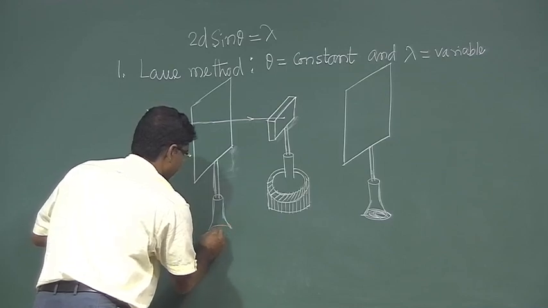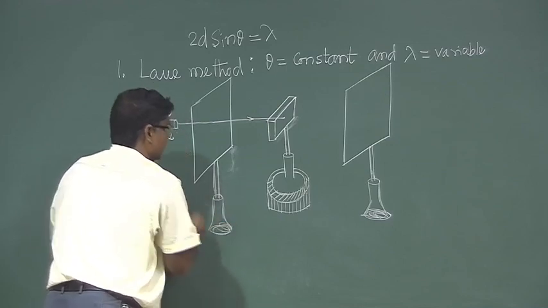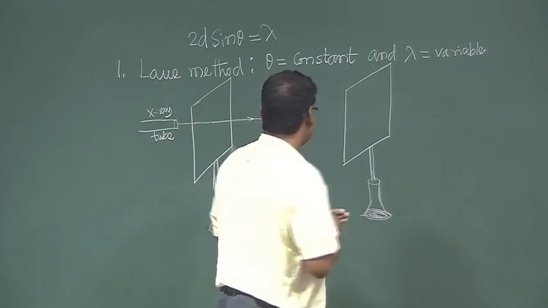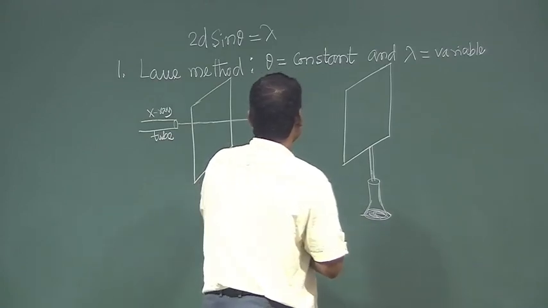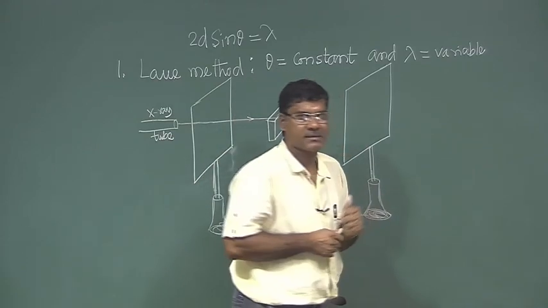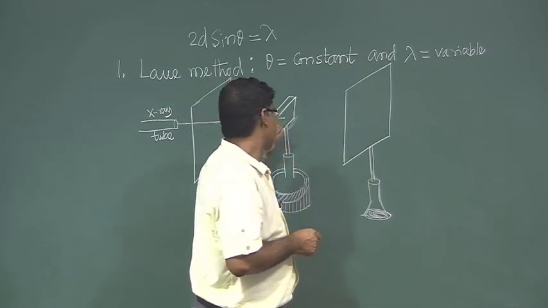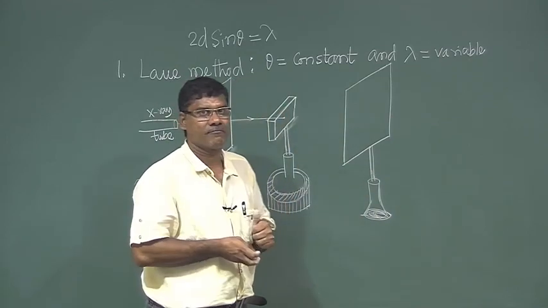So two photography plates are put, one in the forward direction and another in the backward direction.